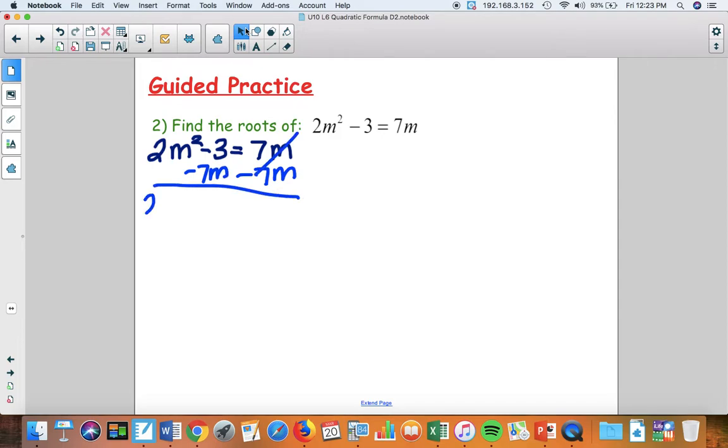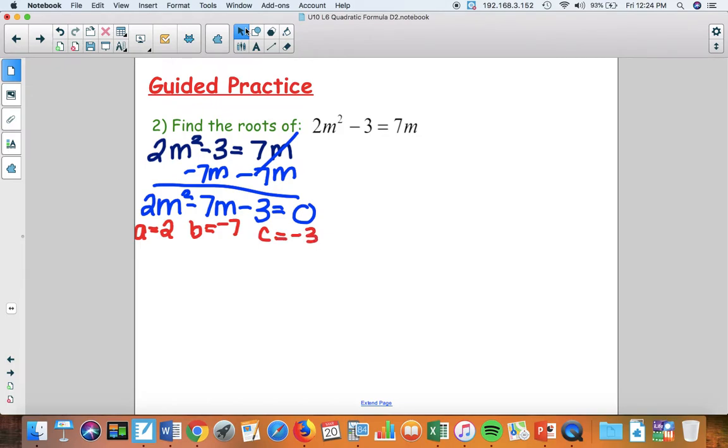When we subtract the 7m, we get 2m squared minus 7m minus 3 equals 0. We cannot combine anything on that side because we have no like terms. So we can identify A, B, and C. So A is 2, B is a negative 7, and C is a negative 3.